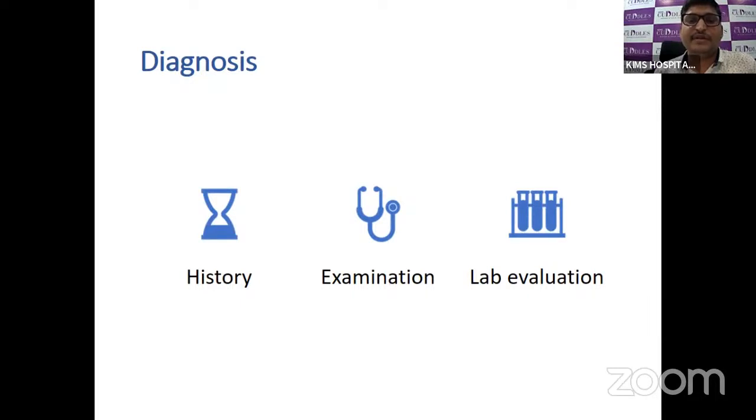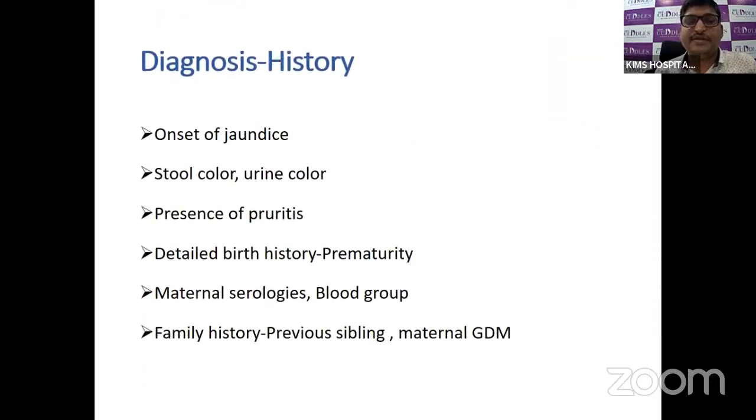When it comes to jaundice in an outborn child, we have to thoroughly evaluate for the diagnosis, importantly looking for the etiological factor and what needs to be taken care of. History is important: onset of jaundice, the day of jaundice, which can alert us regarding pathological causes. Stool color and urine color, high colored urine and pale stools can alert us regarding cholestasis.